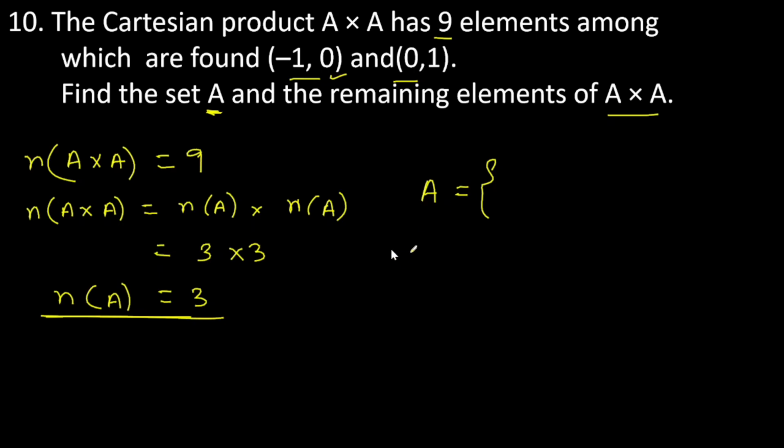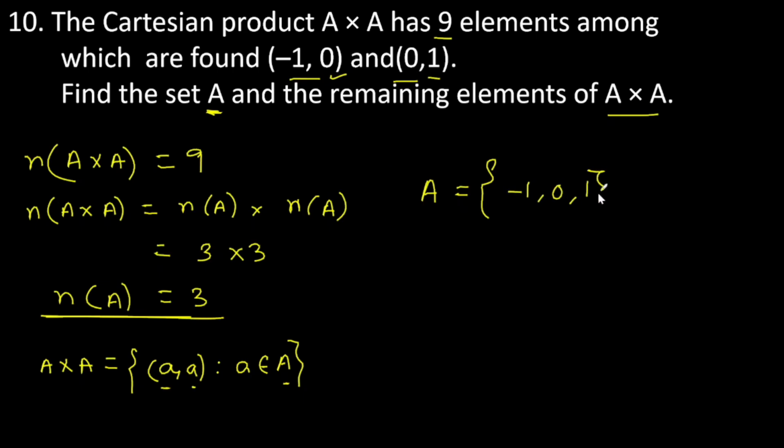So we can write A cross A as the set of (a, a') such that a belongs to A, meaning the first element and second element both belong to A. So minus 1, 0, 1, these 3 distinct elements belong to A, because this definition says that.